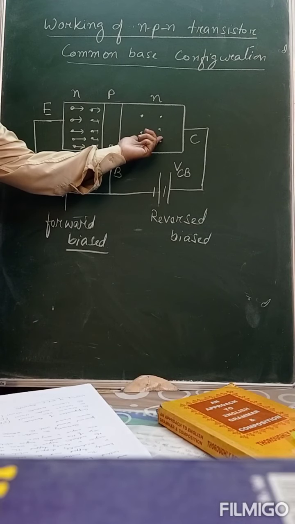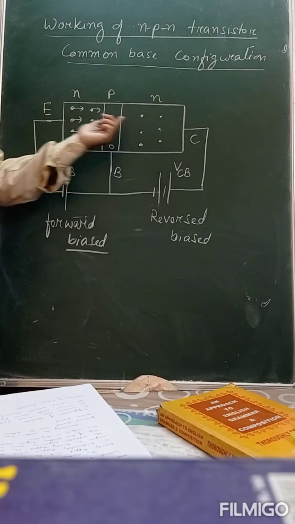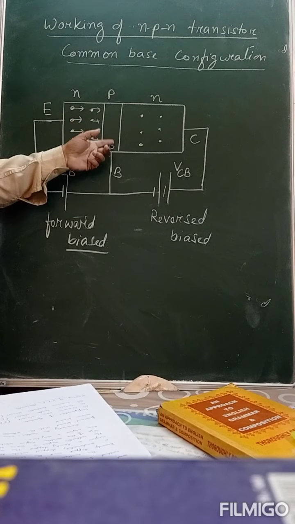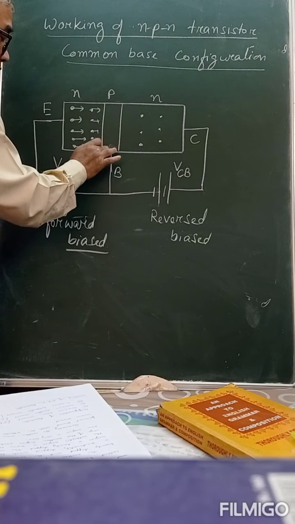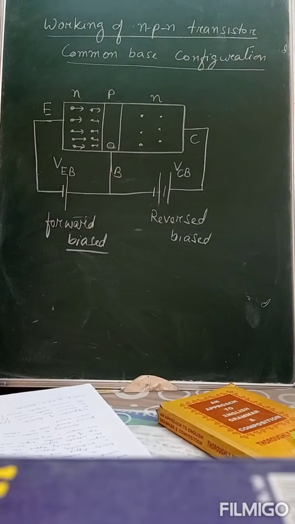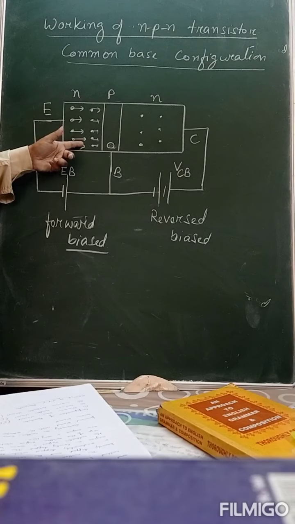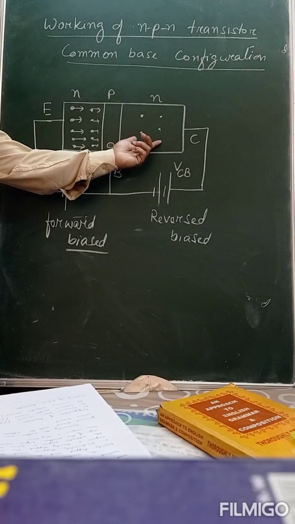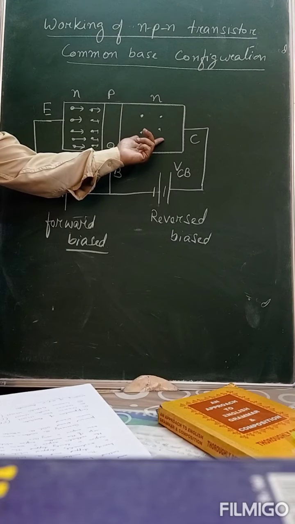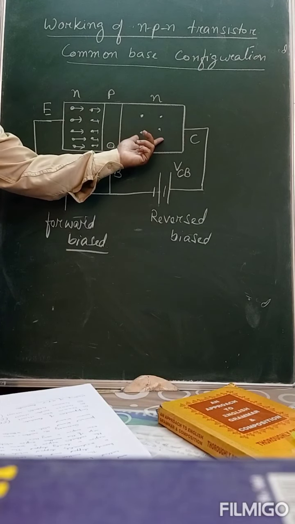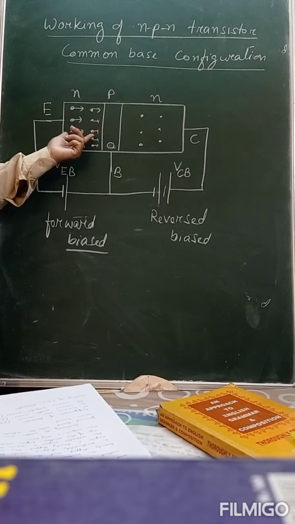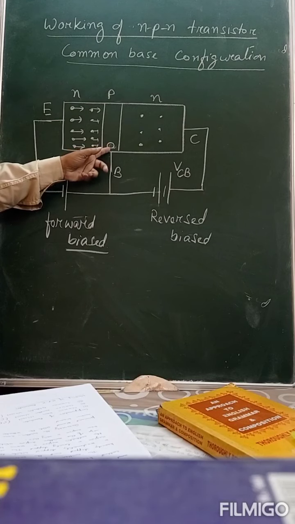The number of charge carriers in the collector is less than that in the emitter. The base is lowly doped, so it has only one hole, the majority charge carrier. This is heavily doped, therefore a large number of electrons are there. This is moderately doped, therefore the number of free electrons present in the n-type collector is less than the number of electrons in the n-type emitter. This is lowly doped, therefore one hole is there.